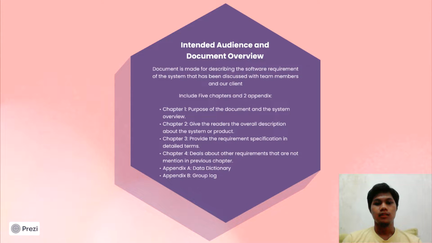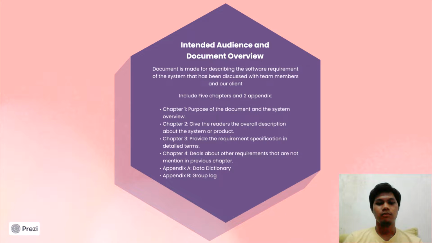Right, for the intended audience and document overview, the document is meant for describing the software requirement of the system that's been discussed with the team members and our client, and the document will include 5 chapters and 2 appendix. For the first chapter, which is the introduction, we will give the purpose of this document and the system overview. In chapter 2, we give the reader the overall description about the system or product.